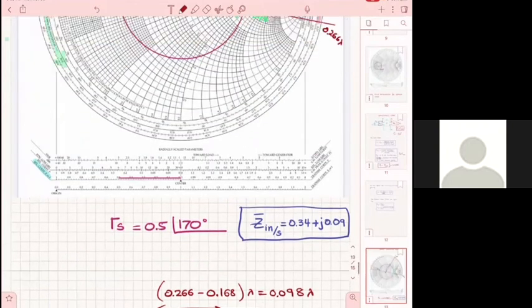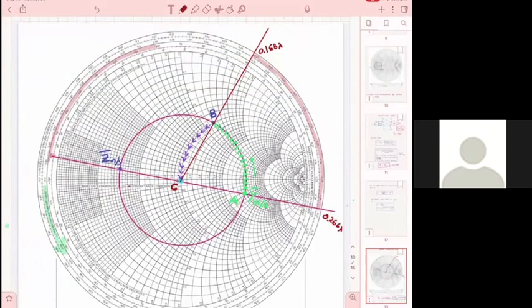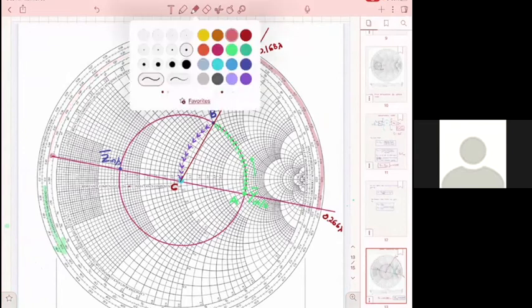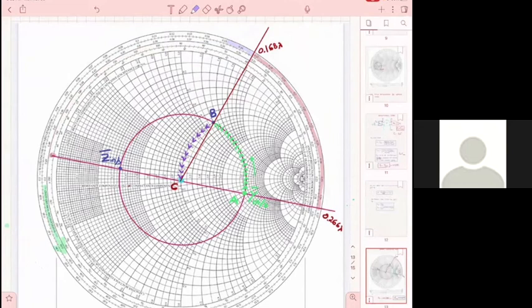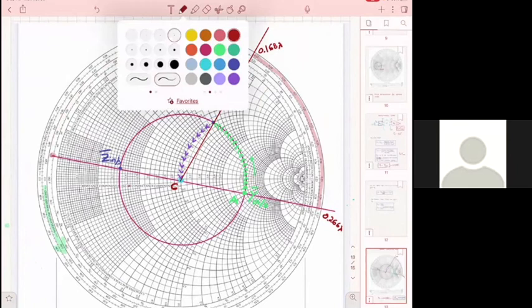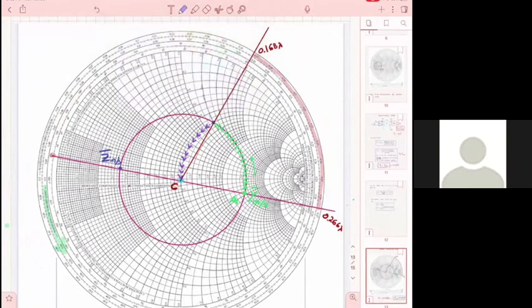Okay, now we have to find the length of the stub. The stub is the purple, we said. So practically for the stub, I have to look at the purple from here, the stub goes from here.